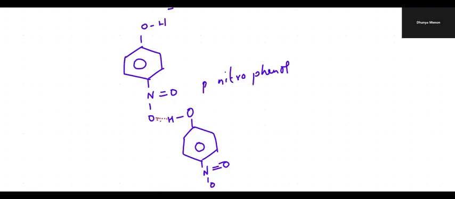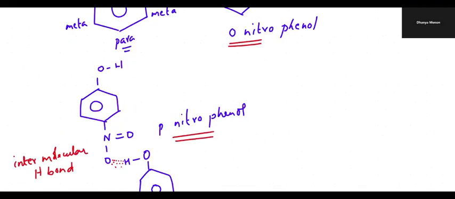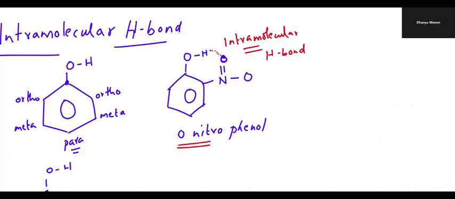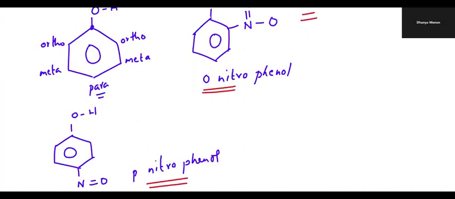Now there are two different para nitrophenol. Because it is happening between two molecules, this is intermolecular hydrogen bonding. So para nitrophenol shows intermolecular hydrogen bonding, whereas the orthonitrophenol displays intramolecular hydrogen bonding. So two different types of hydrogen bonding.